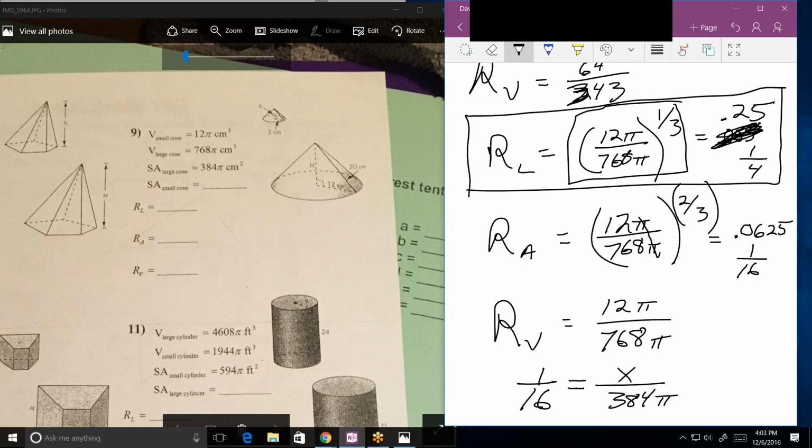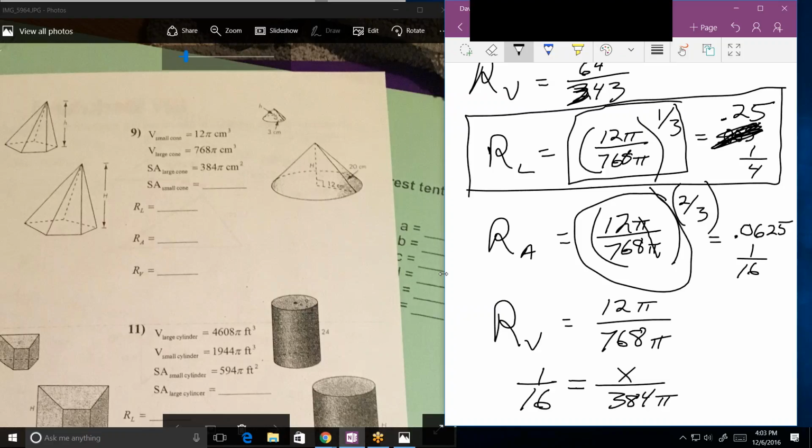Notice that if I would have merely taken that and taken it to the 2/3 power, I would have immediately gotten 1/16. In other words, I really at no point in this problem needed the linear ratio. You can go straight from volume ratio to area ratio by raising the ratio to the 2/3 power. You don't have to do it that way.